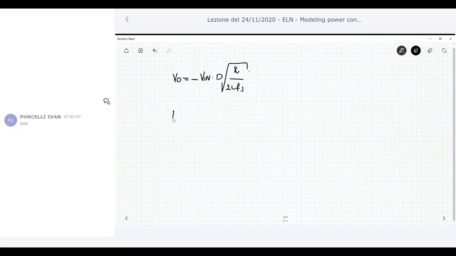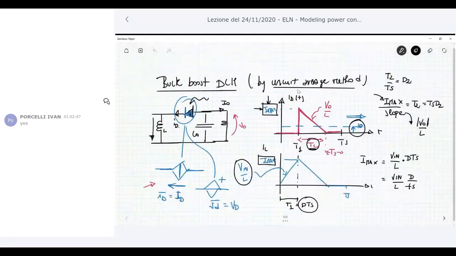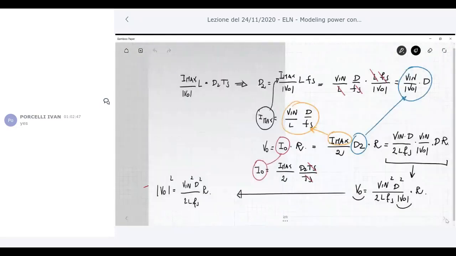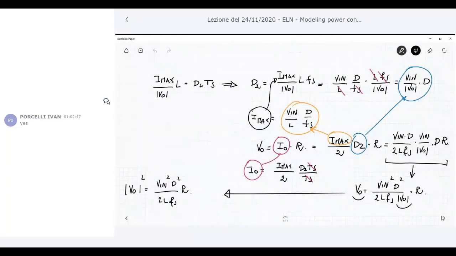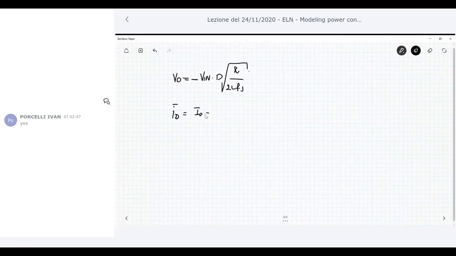Then I have, remember my goal. My goal is to derive the average current ID. Okay, so I take the average current ID from this equation here, and I want to express this average current with respect to all other parameters. Okay, so the average current ID, which is I naught, which is negative V naught over R, is simply, if you take the plus sign here, good enough.